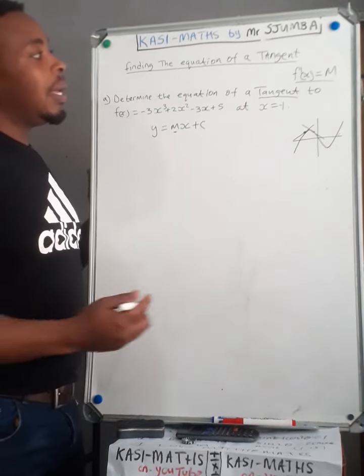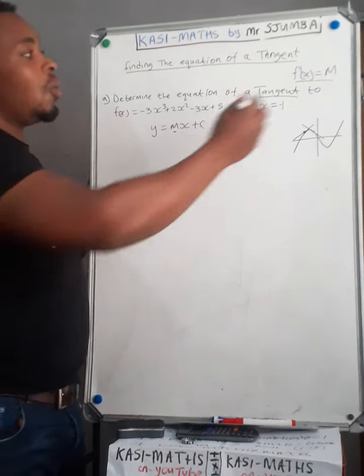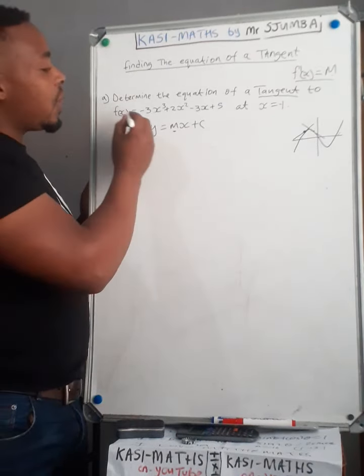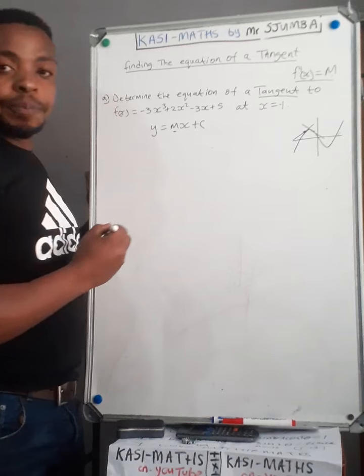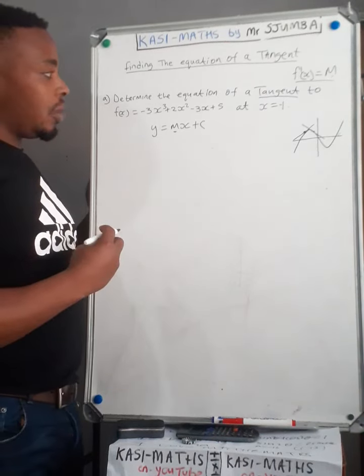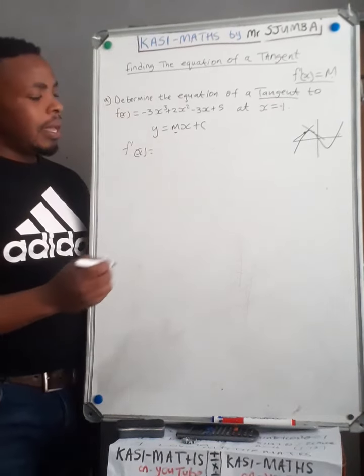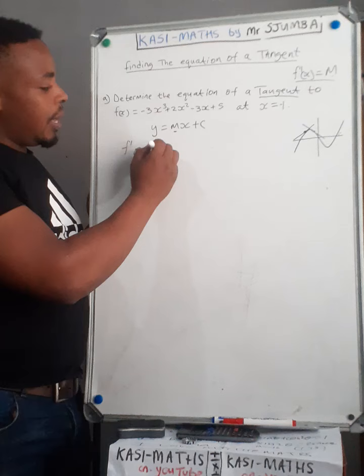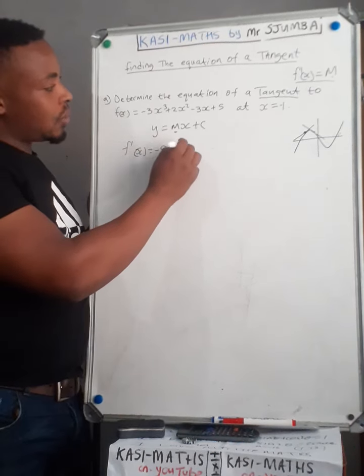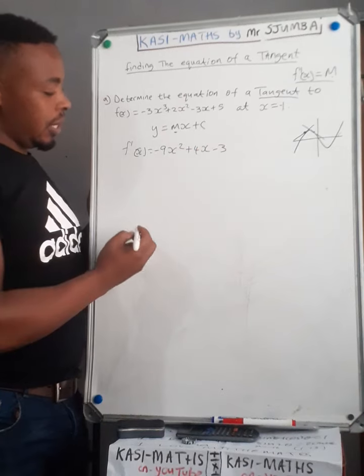We know that the first derivative, f prime, is the gradient. So we must derive our f prime at x, which equals minus 9x squared plus 4x minus 3.